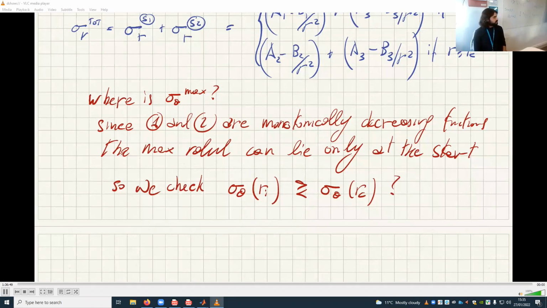Does this make sense? Any questions? No? See, the mathematics is always the same, but the meanings, you must be rigorous and careful.